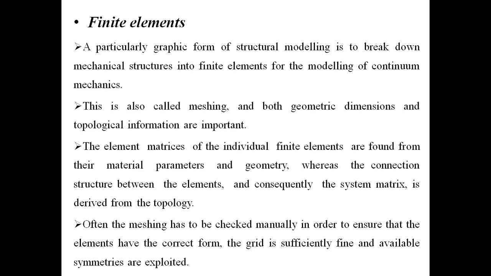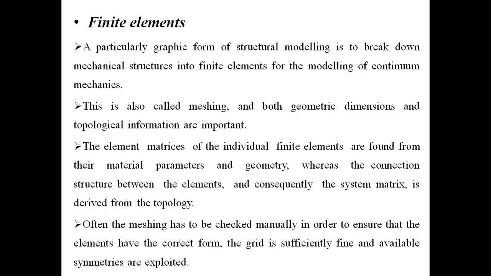The element matrices of the individual finite elements are found from their material parameters and geometry, whereas the connection structure between the elements and consequently the system matrix is derived from the topology. Often the meshing has to be checked manually in order to ensure that the elements are of the correct form, the grid is sufficiently fine and available symmetries are exploited.